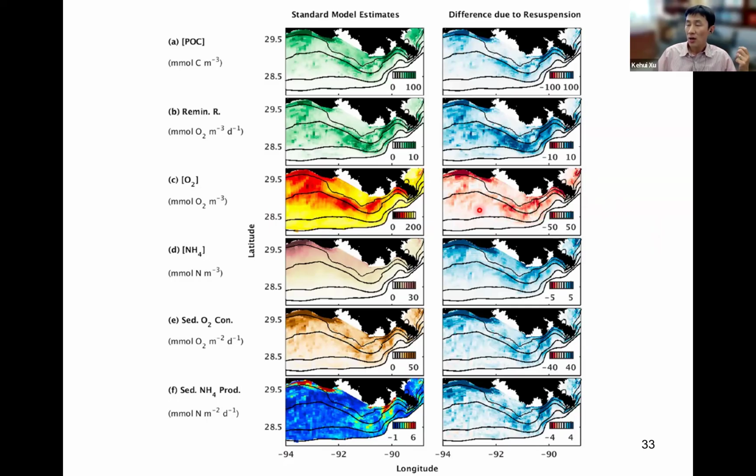As you can tell, if we couple sediment resuspension, remineralization, and the hydrological and biological processes, we would see a significant decrease of dissolved oxygen in the bottom of the water column, especially in the so-called dead zone over here. So this is actually a significant effort to couple three complicated models.